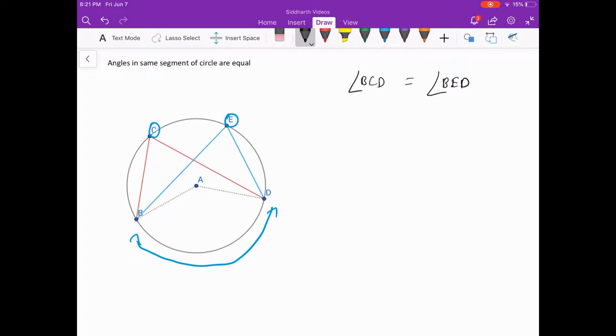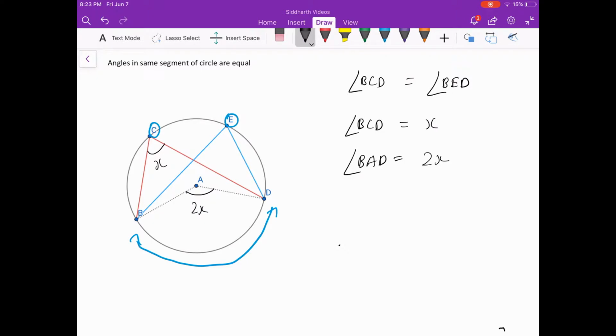Now, arc BD subtends angle BAD at the center and angle BCD at the circumference. Because of the previous theorem, the angle at the center is twice the angle at the circumference. If angle BCD is x, then angle BAD has to be 2x.